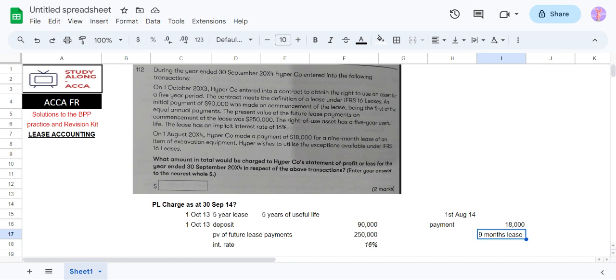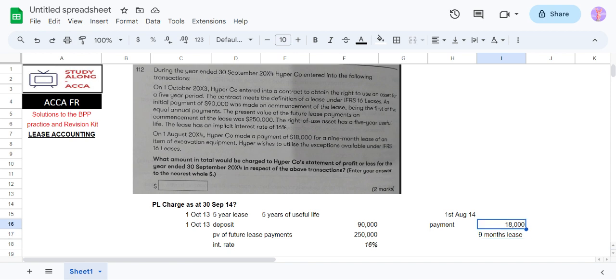Hyper wishes to utilize the exceptions available under IFRS 16 Leases. I think the relevant information is this 18,000 payment they have made for a 9-month lease.